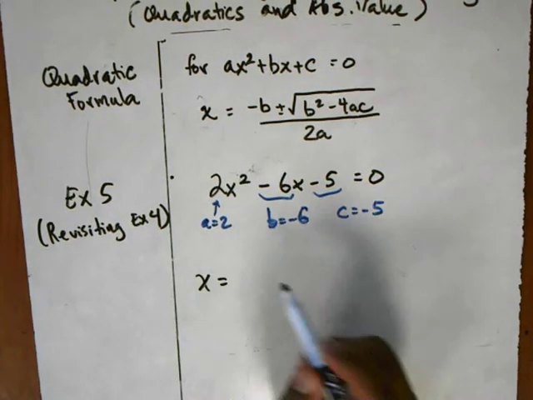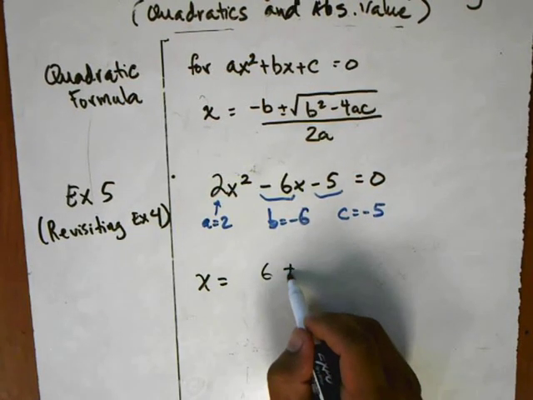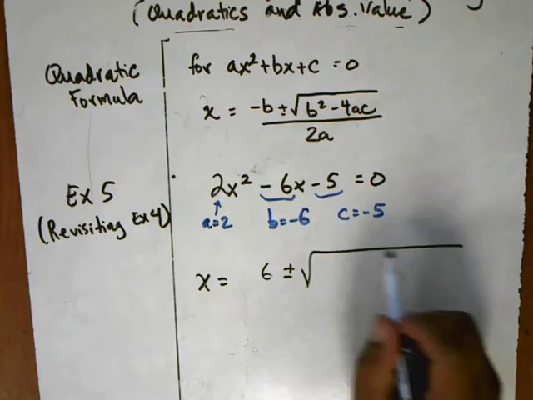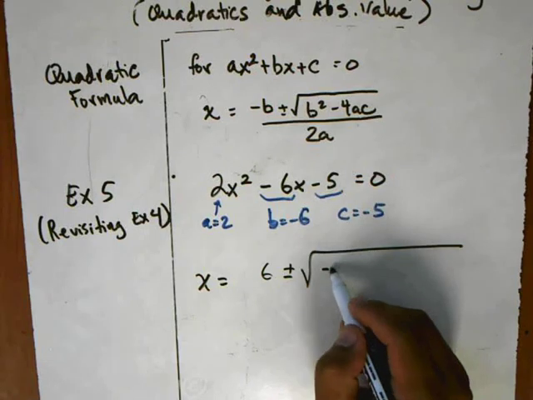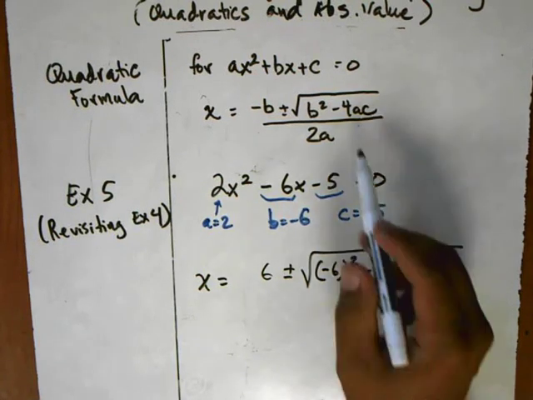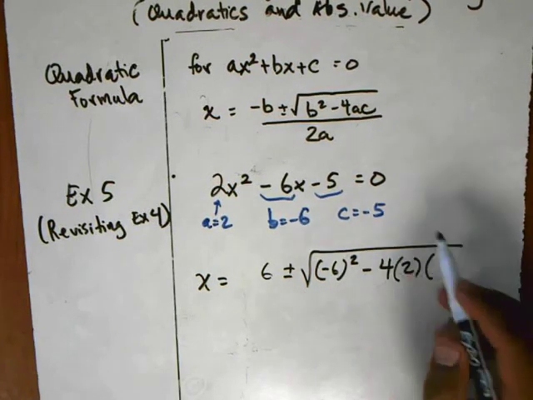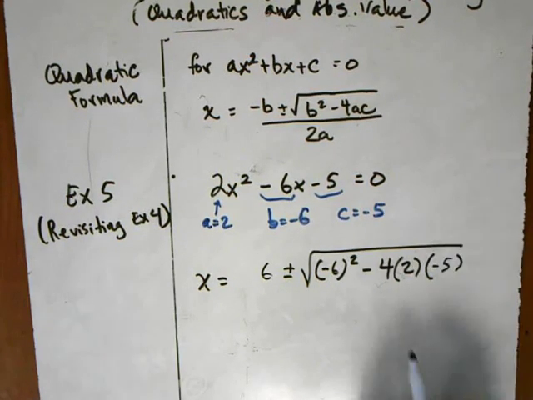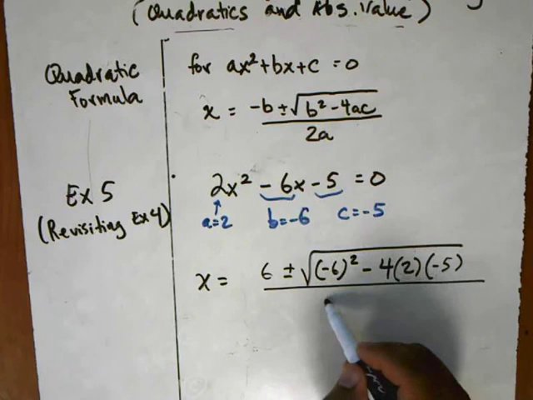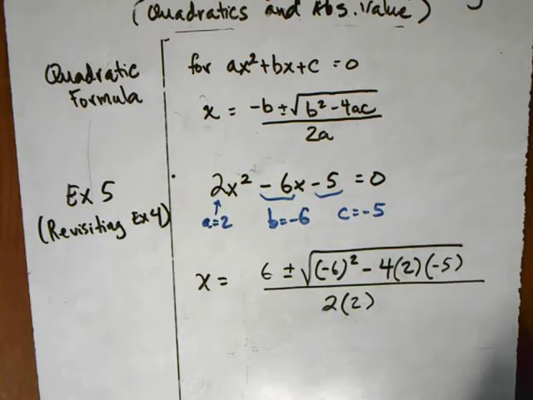Now we can just substitute them into the formula. So I know that x is equal to the opposite of b, which is in this case 6, plus or minus the square root of b squared, negative 6 quantity squared, minus 4 times a, which is 2, times c, which is negative 5. All of that over 2 times a, which is also 2.